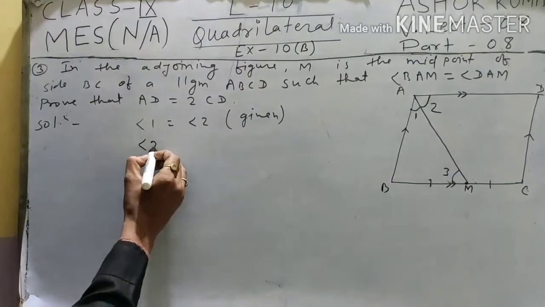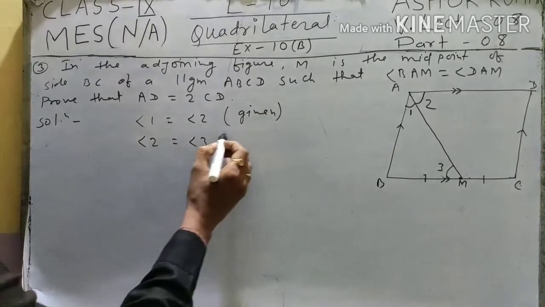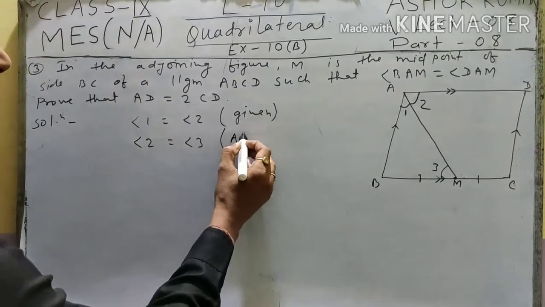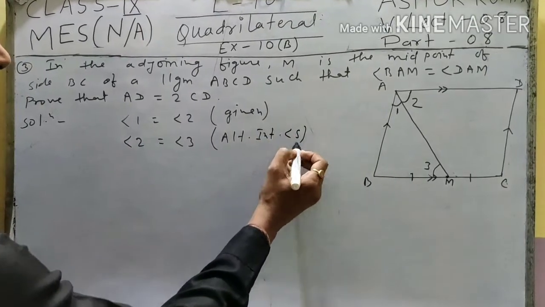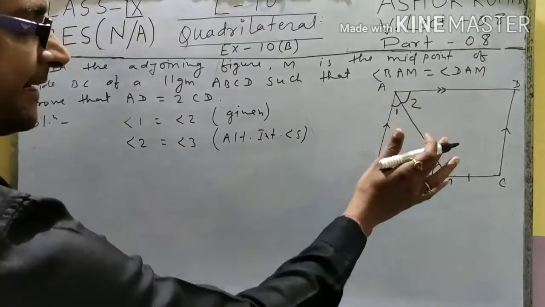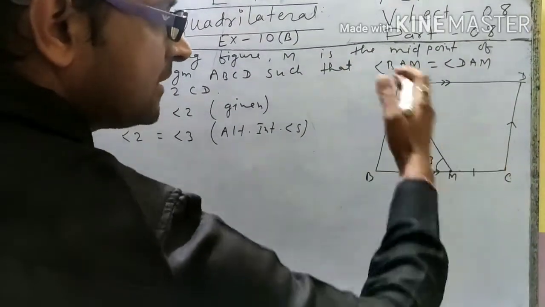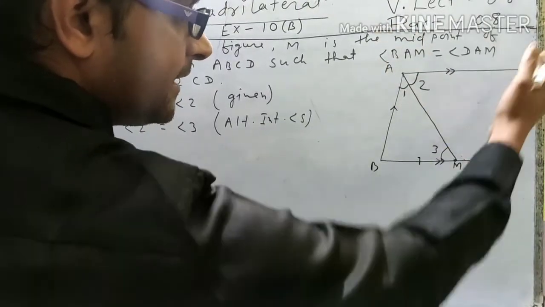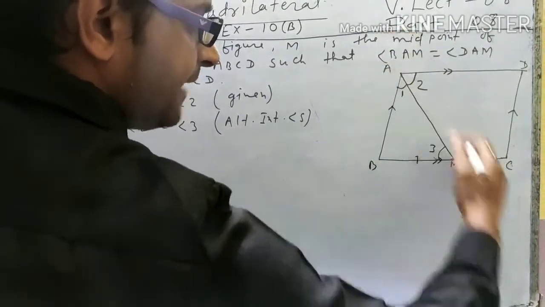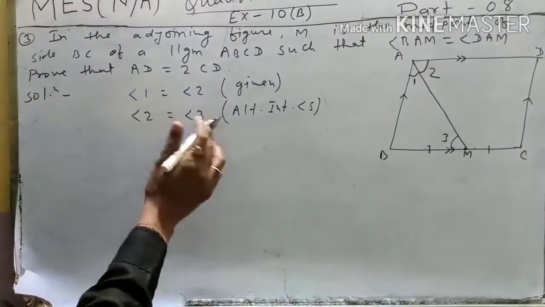We can write here angle 2 is equal to angle 3, alternate interior angles. Why student? Because AD is parallel to BC and AM is the transversal line, so angle 2 is equal to angle 3.